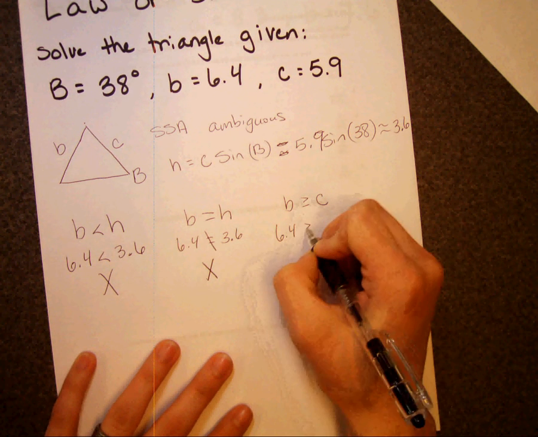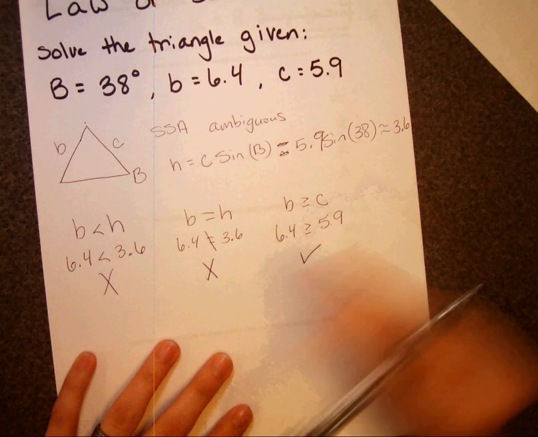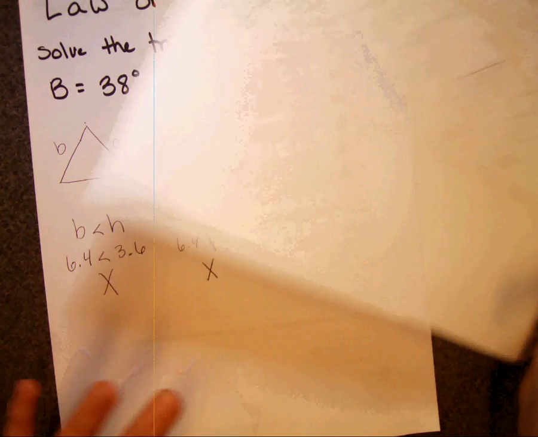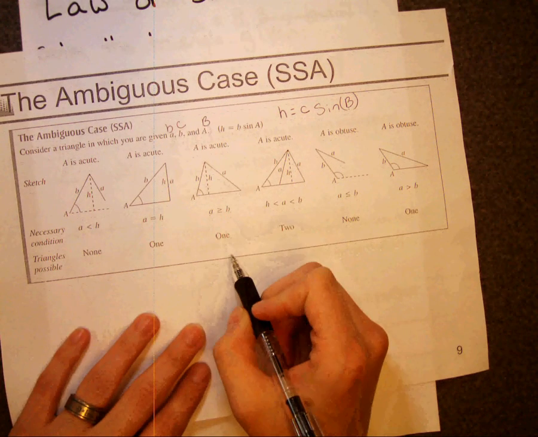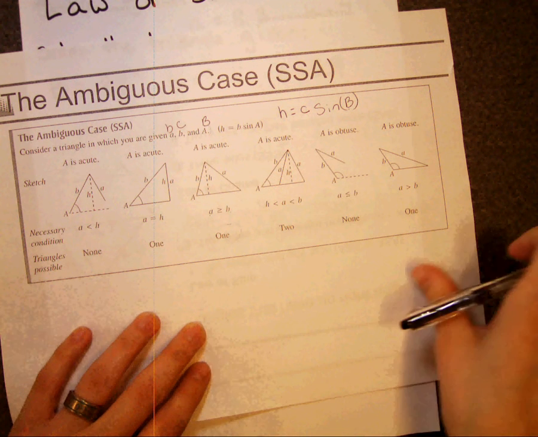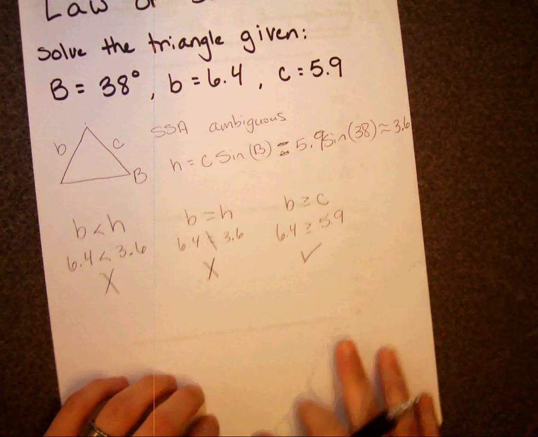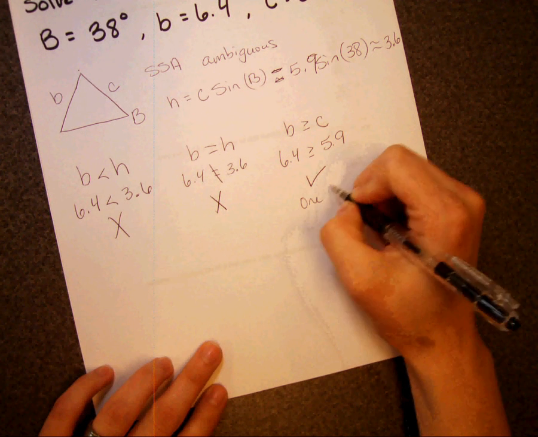Looking at my information, 6.4 is greater than or equal to 5.9. Yes, this is true. So let's look and see what it tells me. Since b is greater than or equal to c, I only have one triangle. So I can go about using law of sines just like normal.